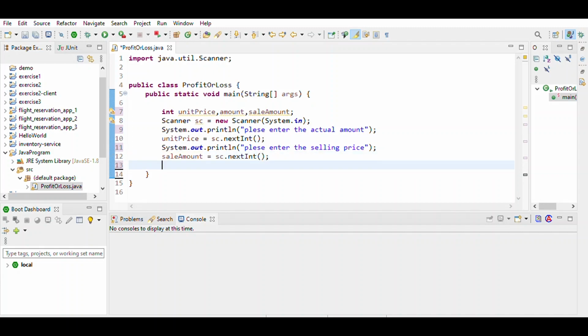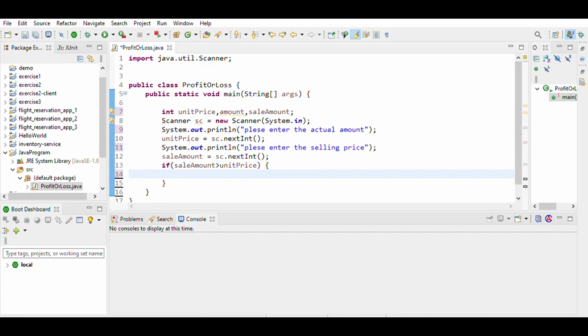Then first, if sale amount is greater than unit price, then it is profit. If sale amount is greater than unit price, then amount is equal to sale amount minus unit price, that is profit.